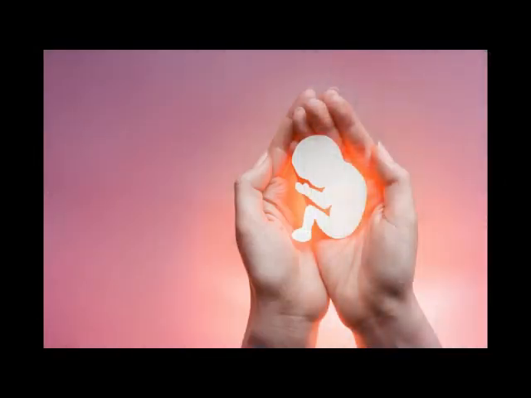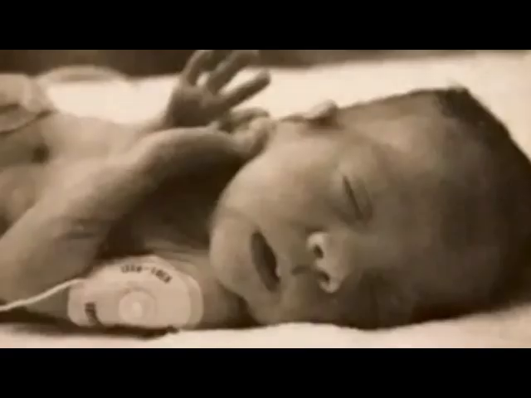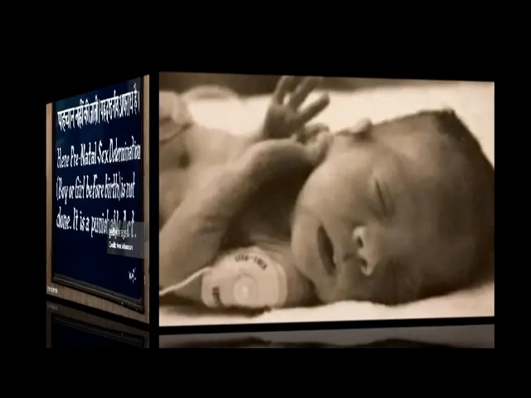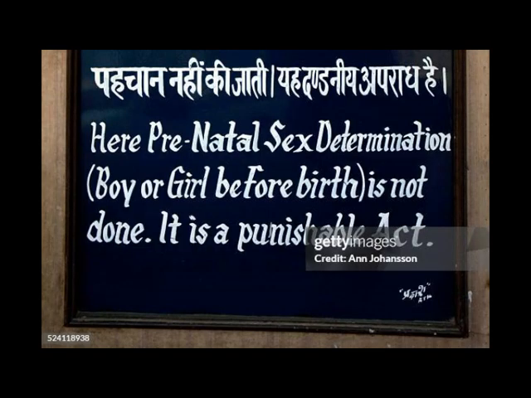For a long time this method was misused by people. They diagnose the child inside as a female child. If they diagnose in ultrasound that this is a female child, they don't let her survive and they abort the girl child. These practices are now stopped, and in ultrasound centers it is labeled firstly that no sex will be told to the parents.